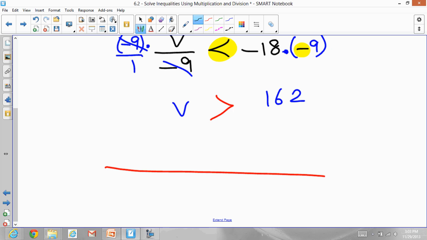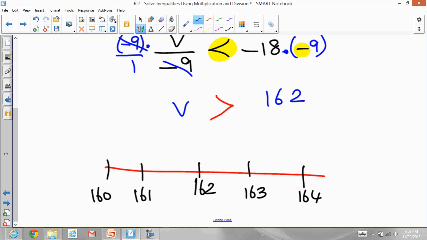So your graphing is going to look like 162, 163, 164, couple of numbers to the left, couple of numbers to the right. You can put more numbers, but in this case, I'm fine. So now we have, this is going to be an open circle on 162. You will not shade it because you don't have the equal sign. And v is greater than 162.